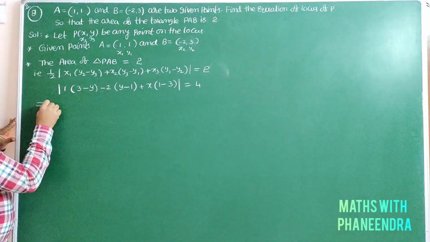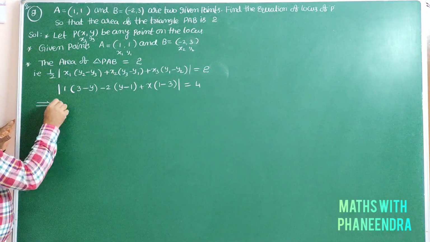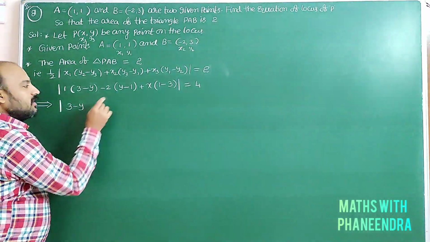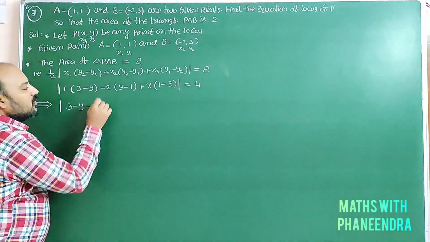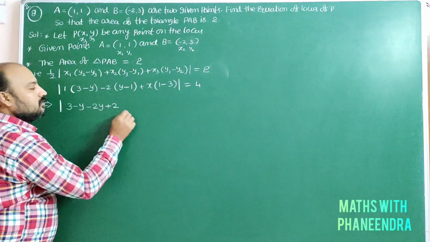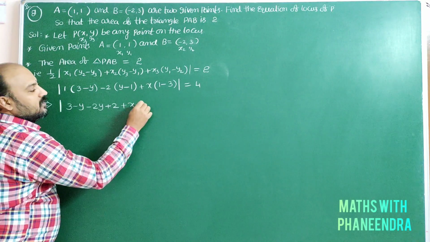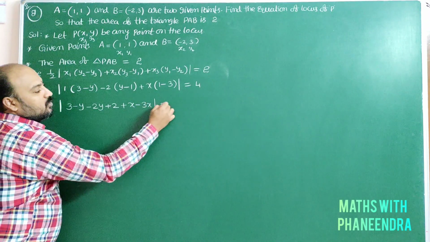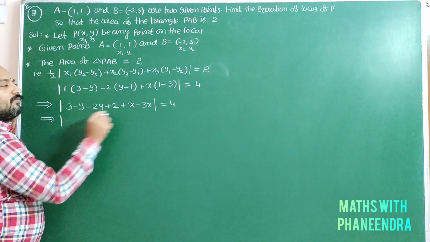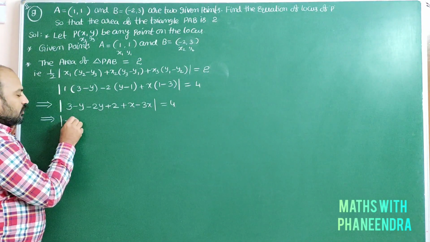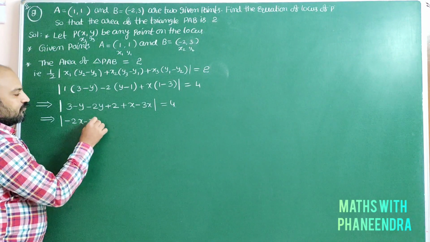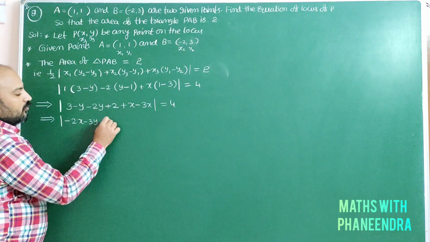That implies 1 into 3 minus y is 3 minus y only. So each and every term: minus 2 into y is minus 2y, minus 2 into minus 1 is plus 2, plus x into 1 plus x, minus 3x is equal to 4. That implies mod, x minus 3x is minus 2x, y minus 2y is minus 3y, 3 plus 2 is 5.